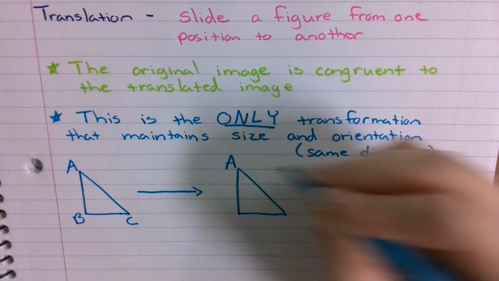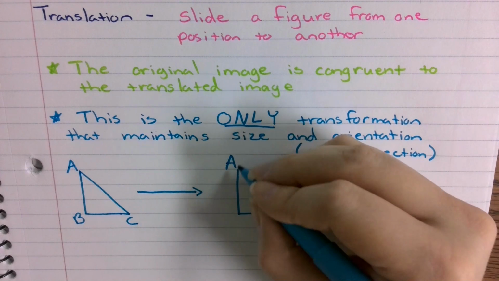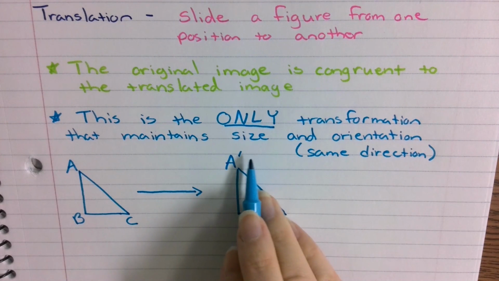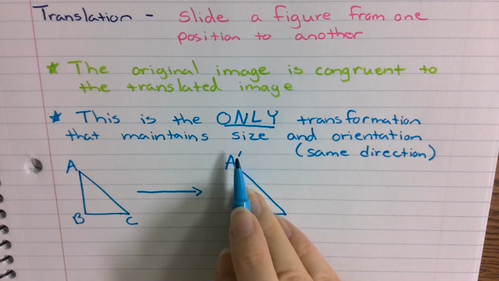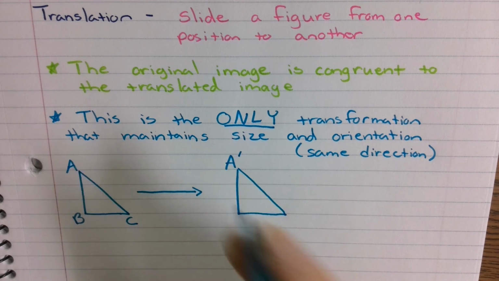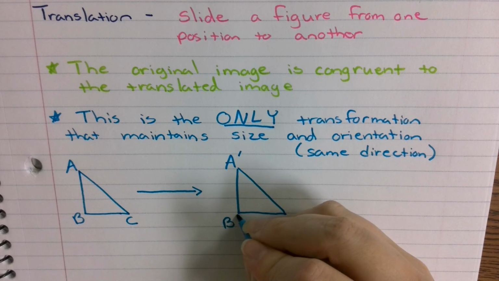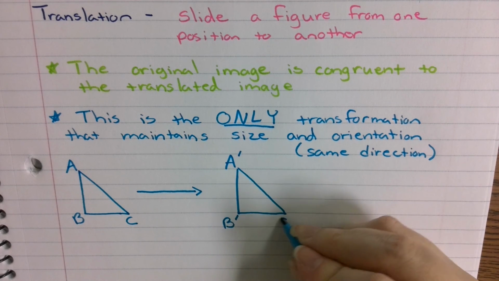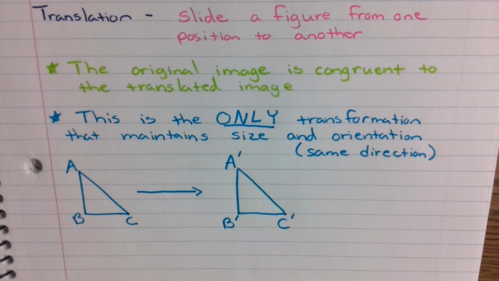This is still A, but now because it's translated, it's called A prime. This is important. You have to put that little notation. That notation means that it is a transformed shape. This is A prime. This is B prime. This is C prime.